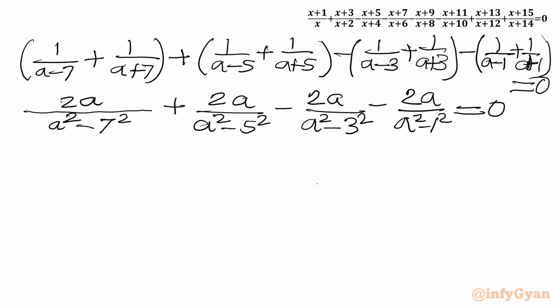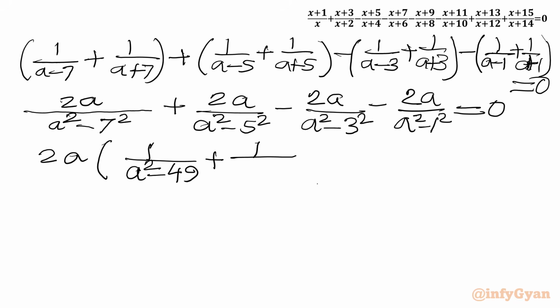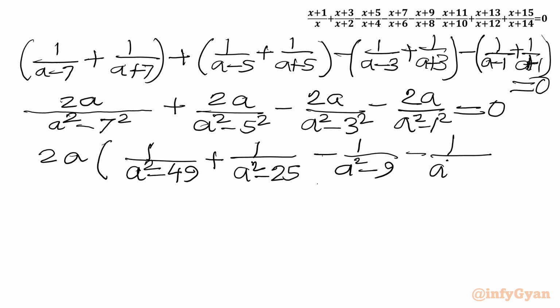Now 2a is common. We'll take 2a common out. In the bracket, we'll write 1 over a square minus 49 plus 1 over a square minus 25 minus 1 over a square minus 9 minus 1 over a square minus 1 equal to 0.